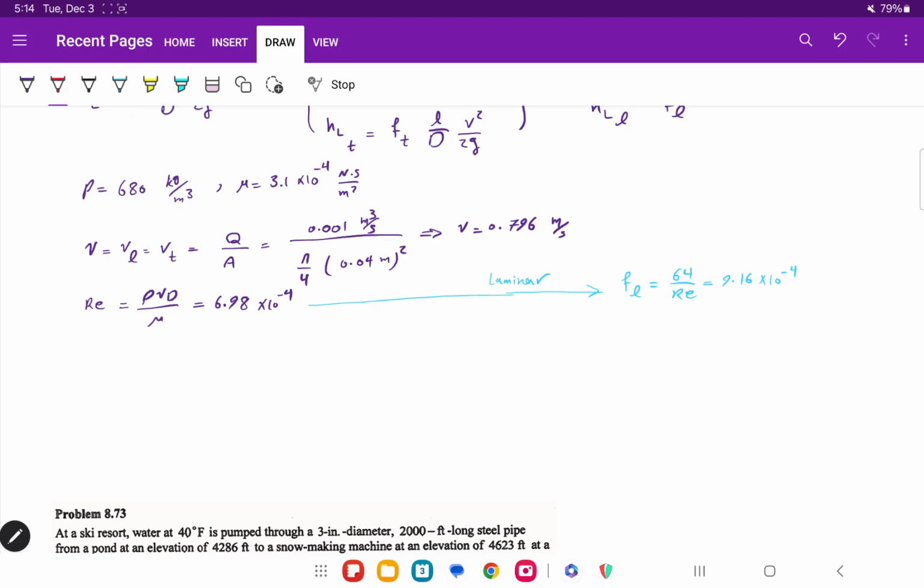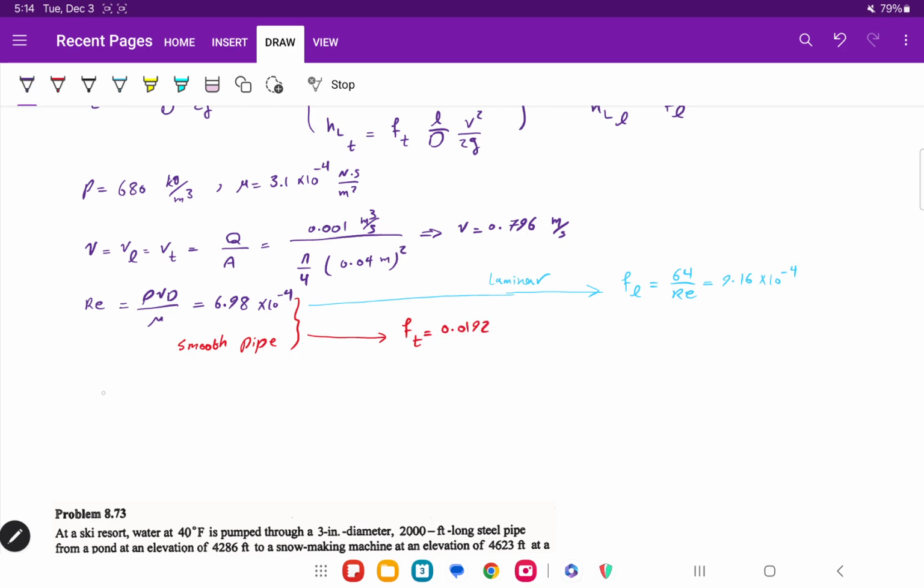And if we have a turbulent flow, by this Reynolds number, and we need epsilon, oh no, we don't need epsilon over D, with this Reynolds number and the smooth pipe line, you can find that f_T equals 0.0192.